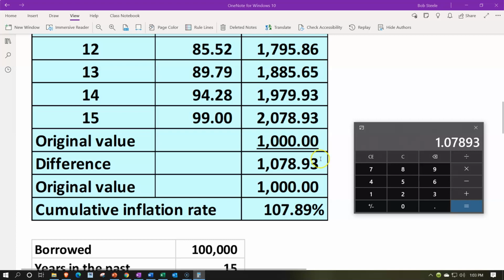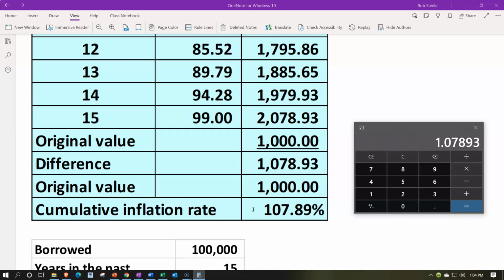And then we got the difference here, comparing that to the original amount. And then we're taking the difference, 1,078.93, divided by the original amount, so that basically the change divided by the original gives us that 107.89. So you can think about that as a common kind of calculation for our percent increase.